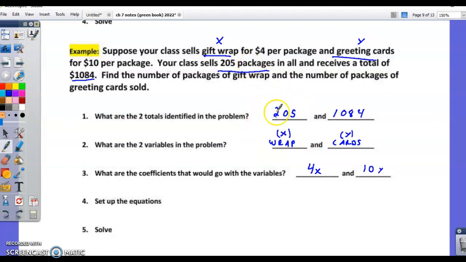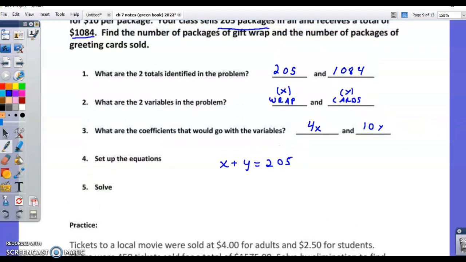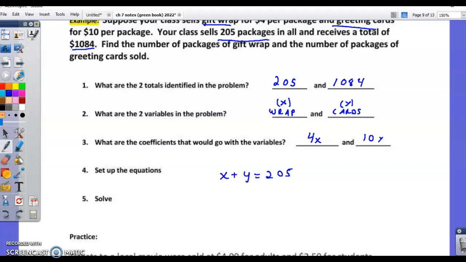So our total packages are 205. So our gift wrap and our cards together equals 205. So I can say X plus Y equals 205 packages. So that's just our total packages. Doesn't have anything to do with how much things cost.